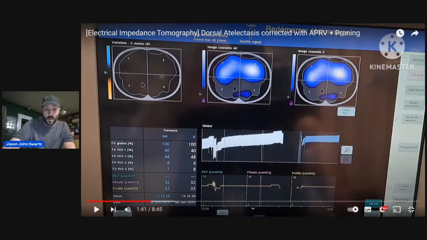This was a very, very satisfying case, very impressive results. And I'll let this play a little bit more again.